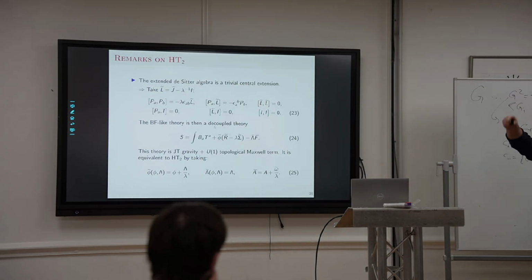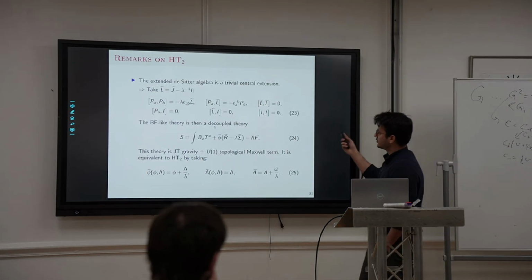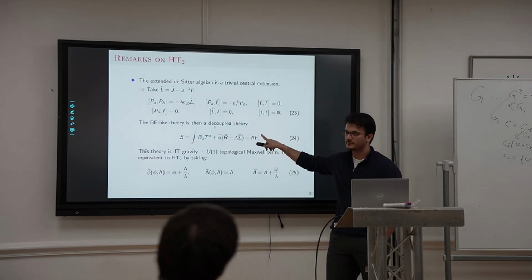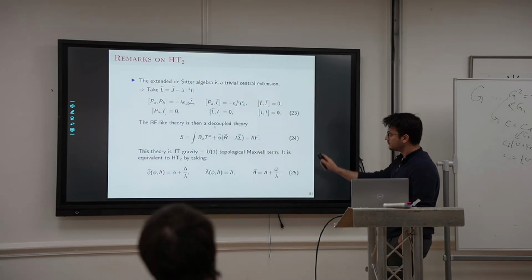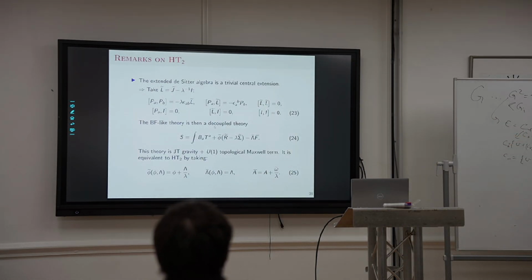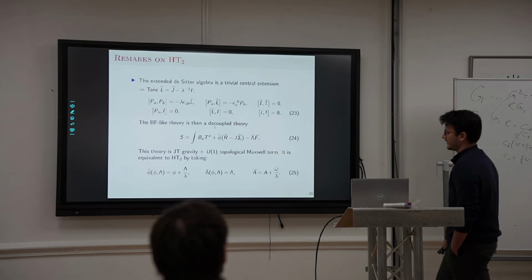When you work out all the procedures again, you will find your JT term, and then you have this lambda bar, f bar, sort of U1 topological Maxwell term with a varying theta, if you like to think about it like that.